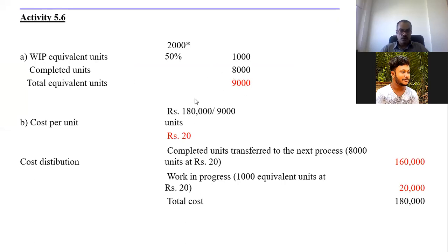Total cost is 180,000 divided by 9,000, unit cost is 20. Then this cost is distributed: 20 into 8,000, that is 160,000, and 20 into 1,000, that is 20,000. 160,000 and 20,000 are assigned to finished goods and work in progress.